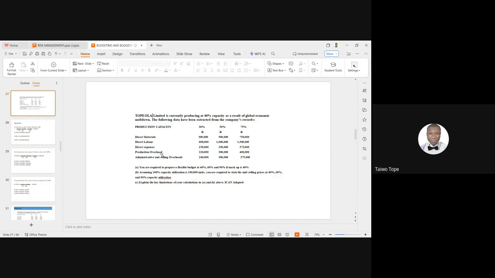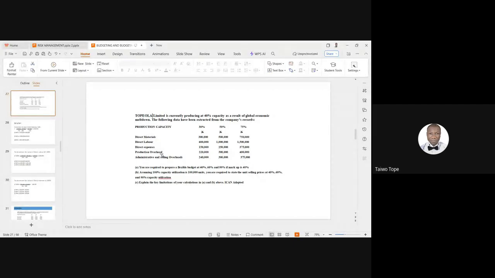So for this production overhead, likewise, we need to apply the concept of the high-low method to determine the value of the variable cost at 100%, or the value of production overhead at 100%. That value will be the total cost at that level.